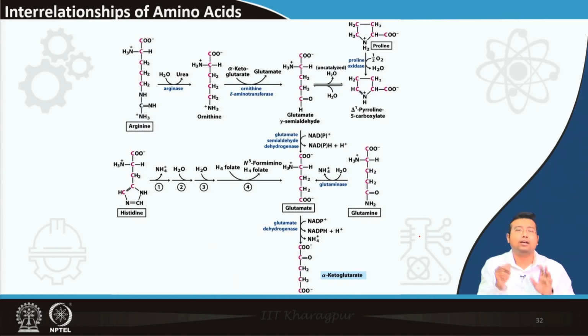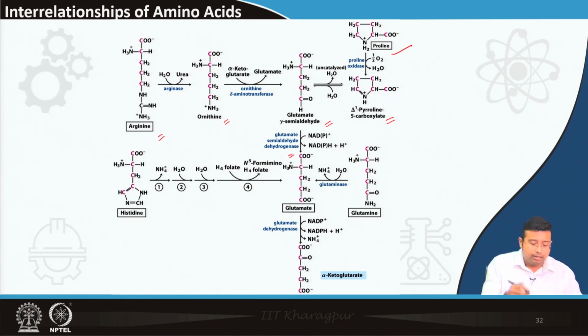So, finally, we look into the interrelationship of amino acids as we always do. We can see proline via formation of delta 1 pyrroline 5 carboxylate is converted to glutamate gamma semialdehyde, right. We already read that arginine via arginase is converted to ornithine and ornithine can be transaminated to form the same semialdehyde. That semialdehyde is ultimately converted to glutamate by a dehydrogenase enzyme.